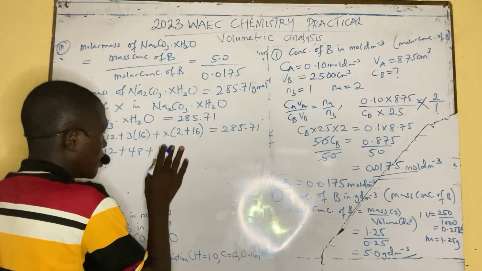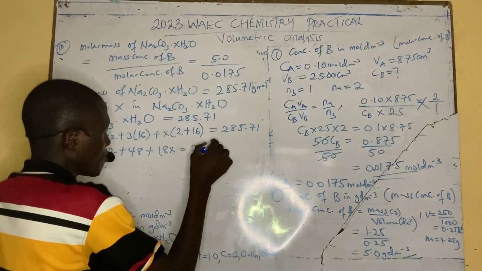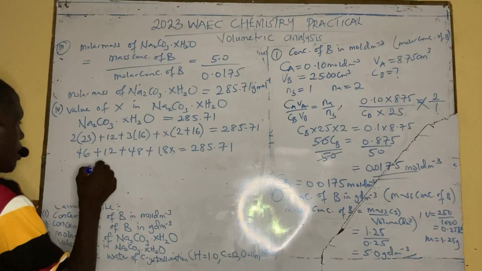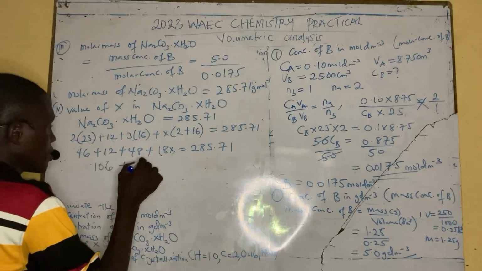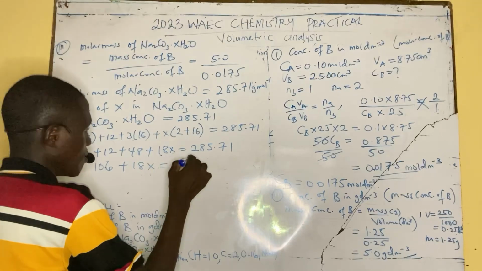18x equals 285.71. So we add these together: we have 106 plus 18x equal to 285.71.